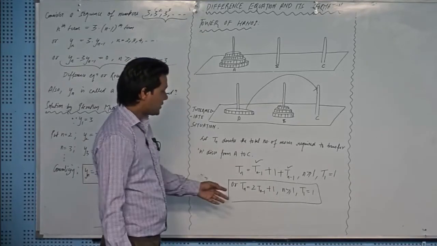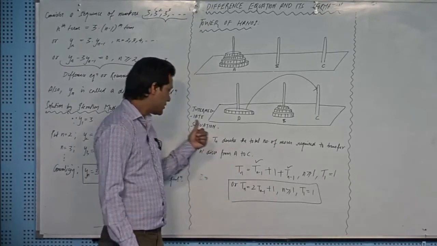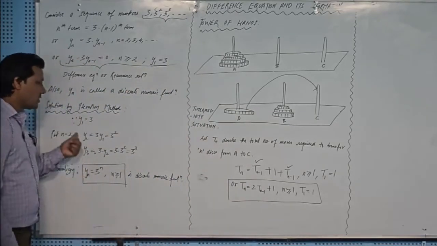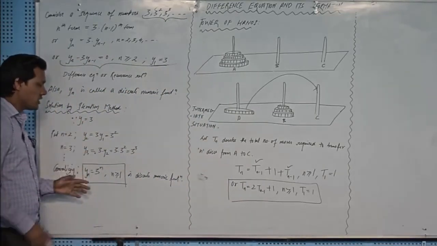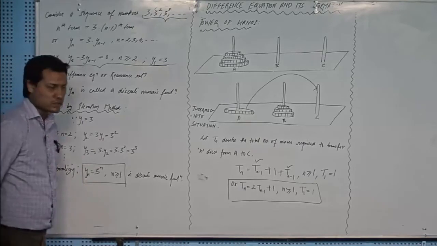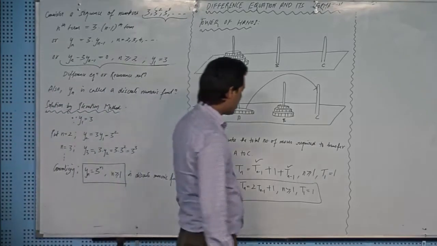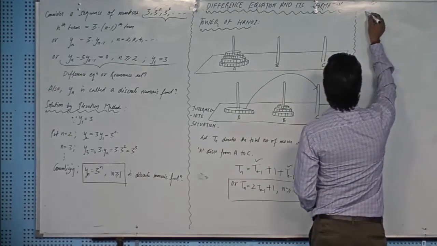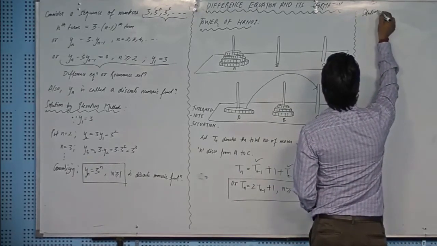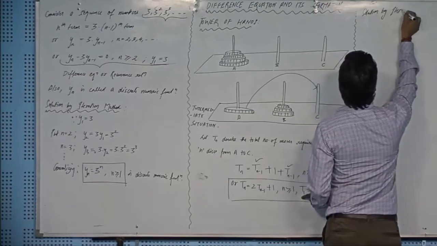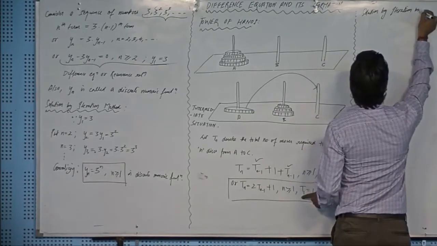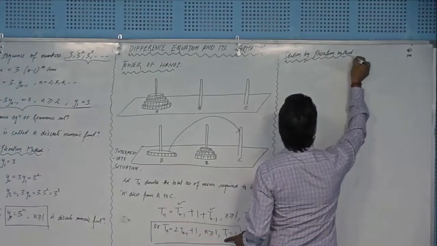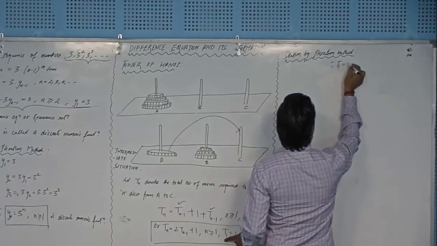And now I will try to find its solution as I did in this example, putting n equal to 1, 2, 3 and so on, and trying to generalize it somehow. So you can see that we are given T1 equal to 1. I will start with this. Solution by iteration method. You are given T1 equal to 1, right?